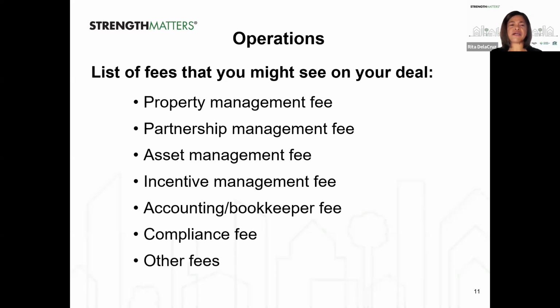Other fees, there could be other fees that you'd see on the deal. Other fees may include perhaps a supervisory management fee, which is a fee that you'll see in our sample deal, restoration housing. Developer fee is another fee as well, although it's not an operations fee.